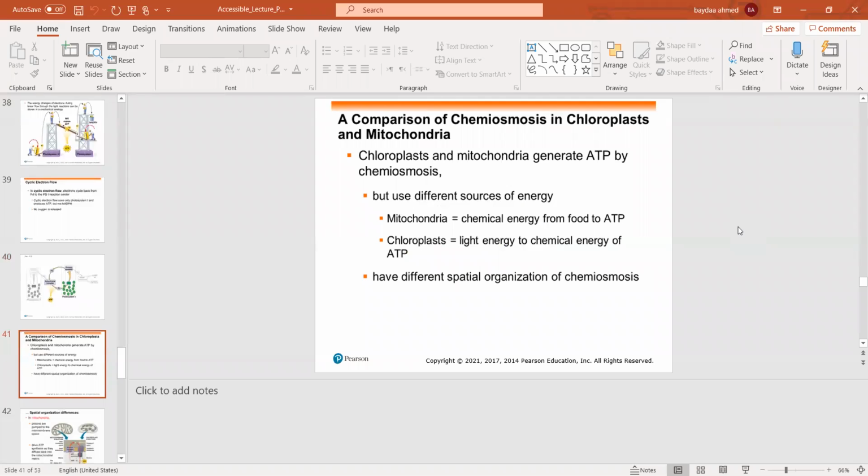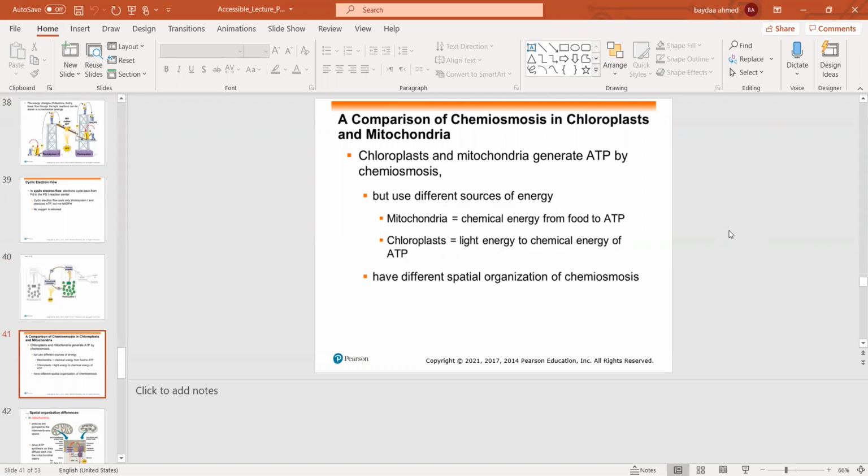Chloroplasts and mitochondria generate ATP by the same basic mechanism. An electron transport chain pumps protons across a membrane as electrons are passed through a series of carriers that have progressively more affinity for electrons.